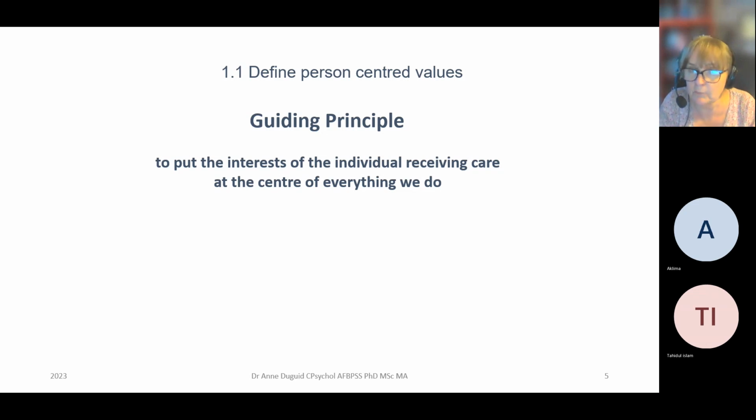So we go from those very, very big principles to now these values. And this principle here is going to be an internal dialogue you have all of the time, asking yourself, what are the needs, interests, and preferences of the person I care for? So some things that you can do won't be possible for this individual.